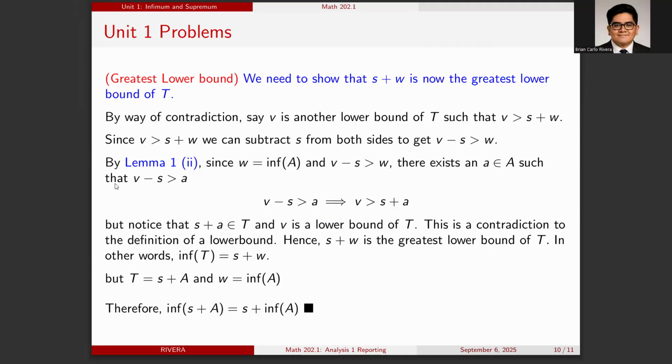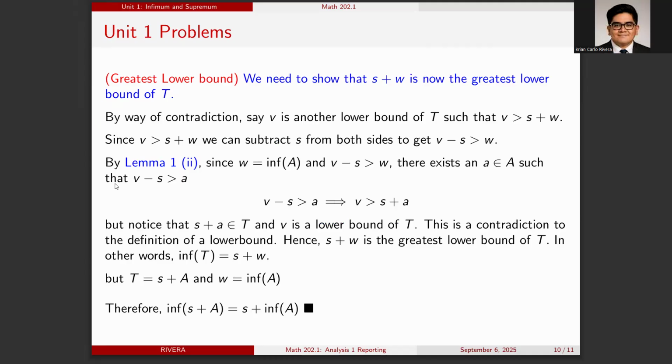By Lemma 1 number 2, since W is the infimum of A and v minus S is greater than W, there exists an element a in big A such that v minus S is greater than a. Then we add S to both sides and we notice that S plus a is in T.